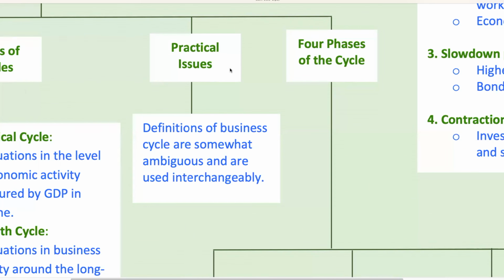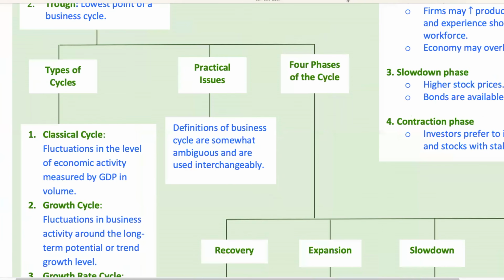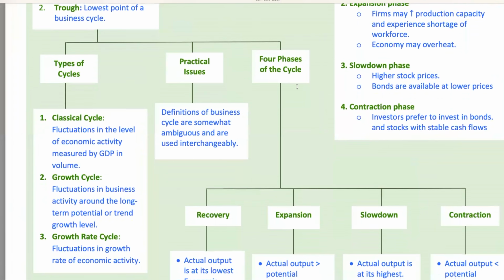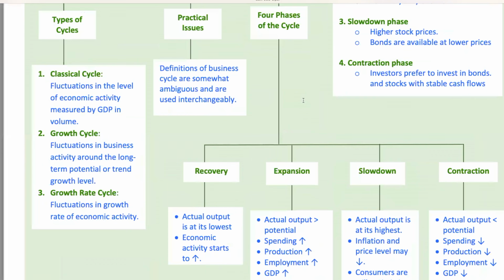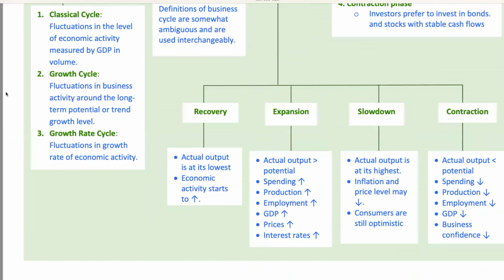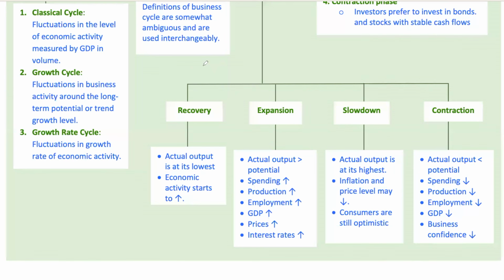Now, in practice, the definitions of business cycles can be somewhat ambiguous and often used interchangeably. The classical cycle concept isn't used much these days, but the growth cycle concept is frequently employed to identify fluctuations around potential output. For instance, let's say the economy is growing at a steady rate of 3% per year.